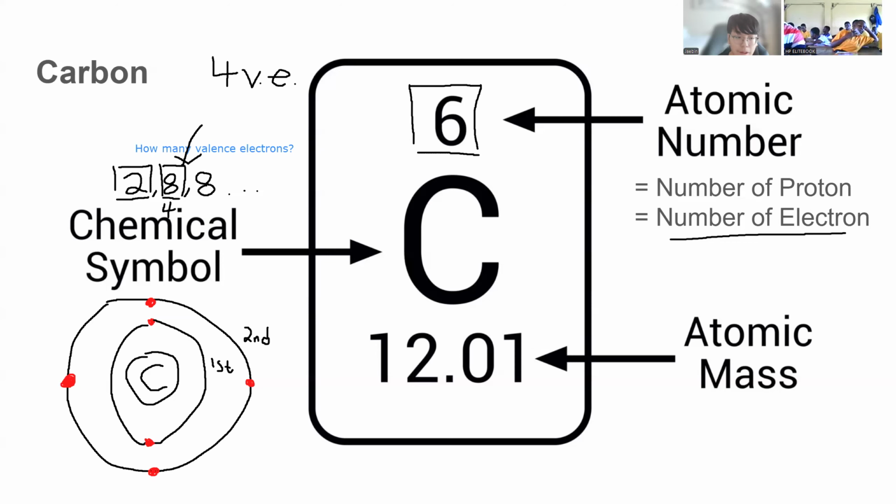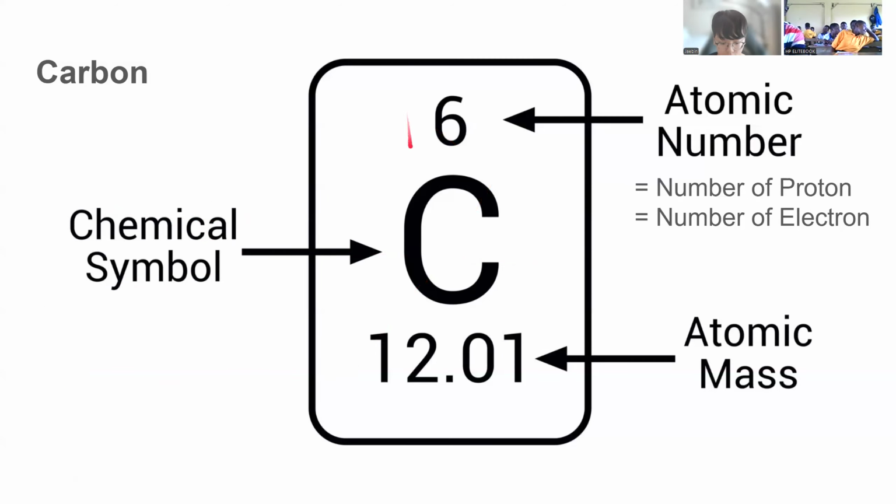Yes, I understand. Okay. Just remember the pattern of 2, 8, 8 for the electrons in each shell. And the valence electron is the outermost electrons, which fill out the outermost shell. You can see to be 4. We can move on.